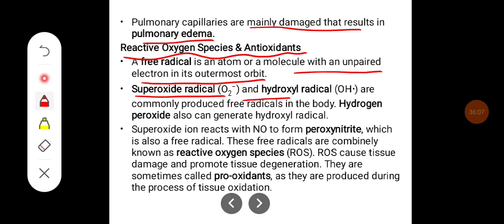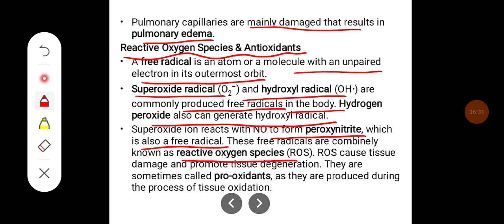Superoxide radical or hydroxyl radical are commonly produced free radicals in the body. Hydrogen peroxide can also generate hydroxyl radical. Superoxide ion reacts with nitric oxide to form peroxynitrite, which is also a free radical. These free radicals are collectively known as reactive oxygen species (ROS).